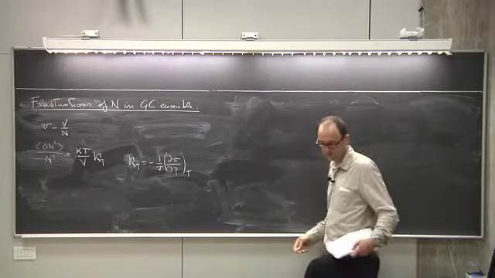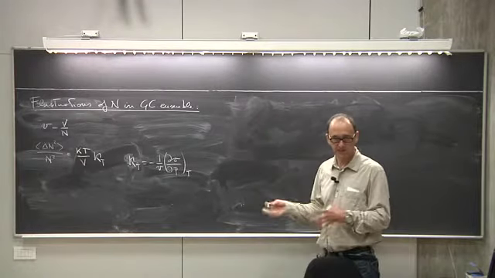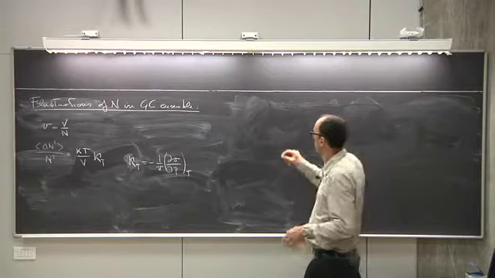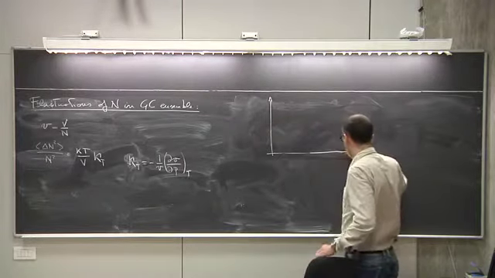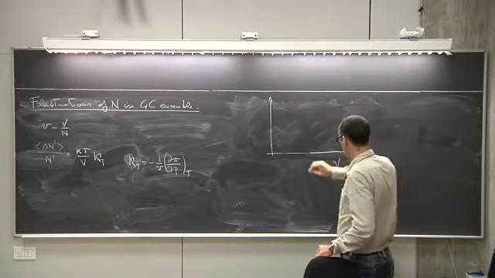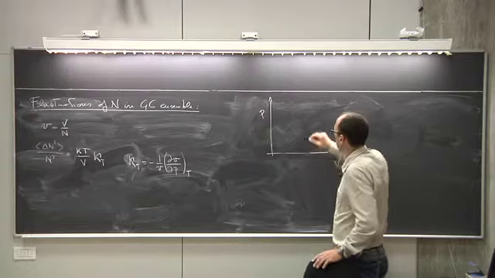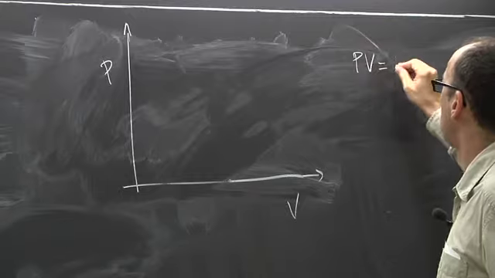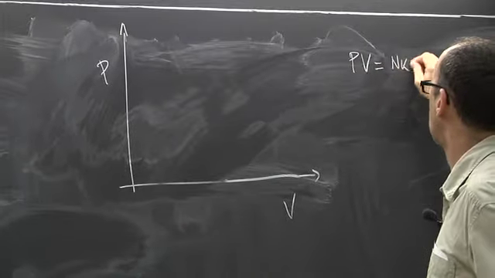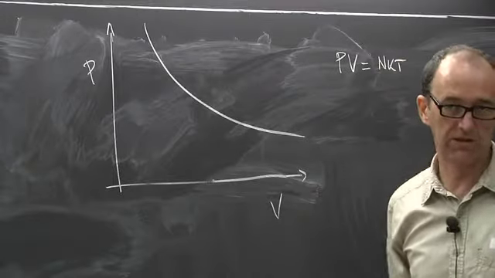If you consider a gas and a liquid in equilibrium, then you can draw isotherms in the VP plane. At high temperature you have PV equal to N kT, so these are just hyperbolas, right?